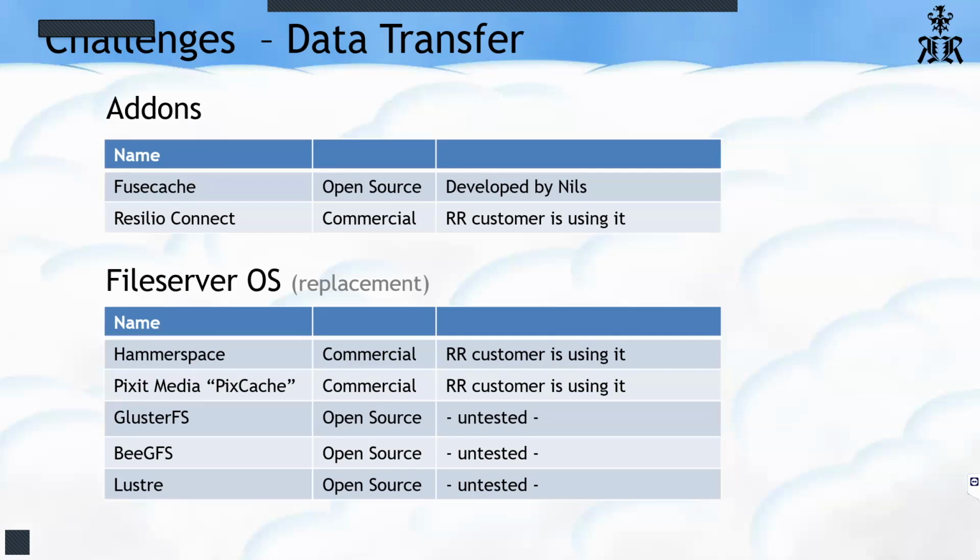If you have, for example, 50 or 100 machines, you can install two Hammerspace or two Pixcache servers in your company, and then more in the cloud. And there are some open source solutions which we have not tested, but they are used in production as well.